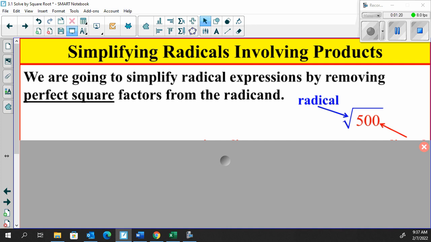I don't know why it's called a radical. Somebody back in the day saw the square root sign and said, man, radical. How radical? So they started calling it a radical. I don't know. So from here on out, if I say radical, I'm not talking about a sweet, yeah, I am a 90s kid, but I'm not talking about the 90s.